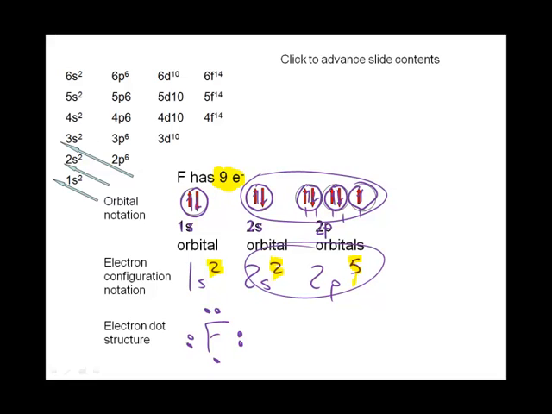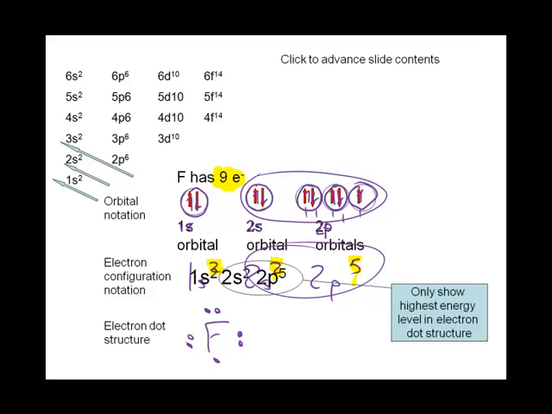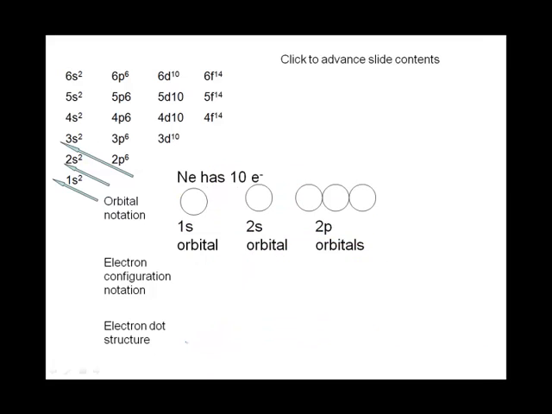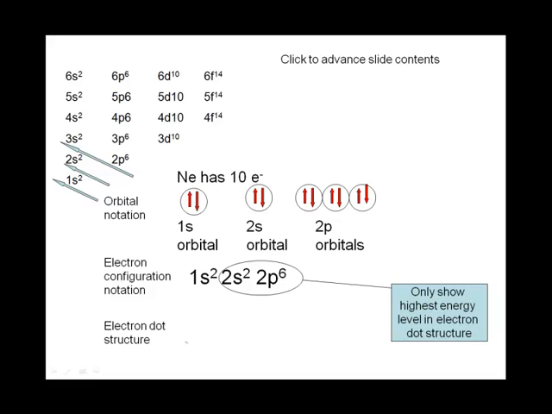Now we're going to finish out this row of the periodic table with atomic number 10, neon. You'll notice the S and P sublevel are now filled. The electron configuration notation looks like this, and the electron dot structure looks like this.